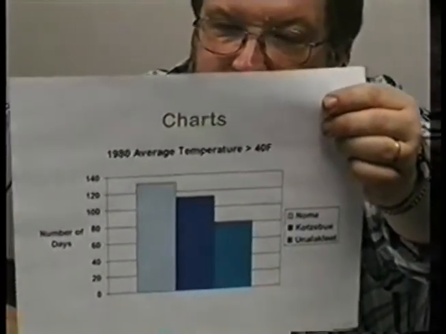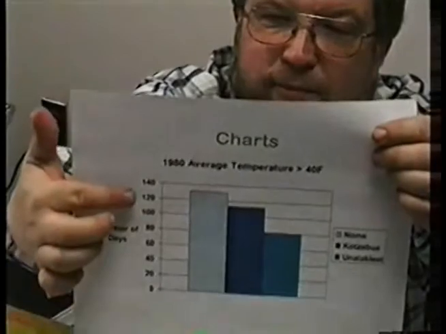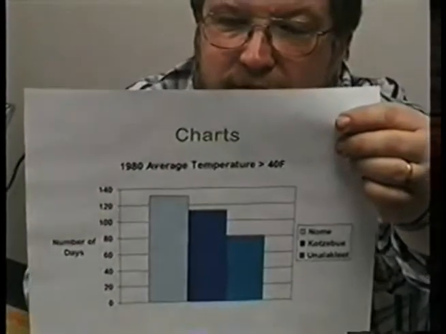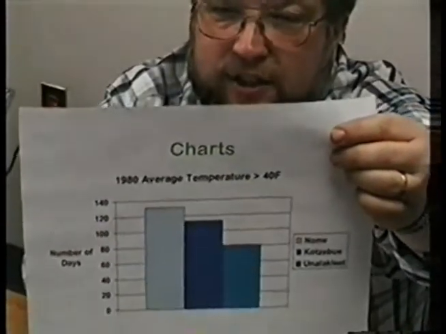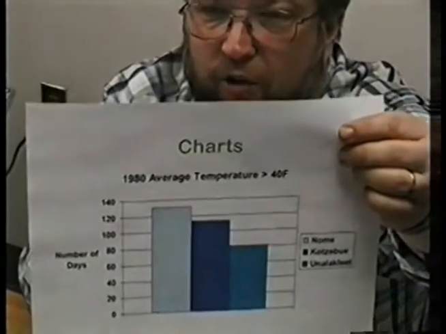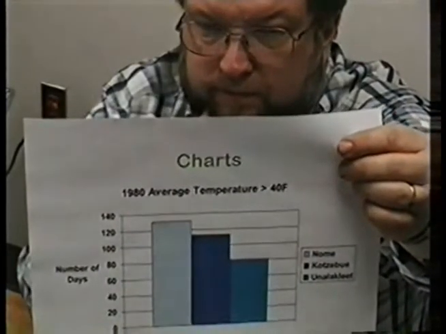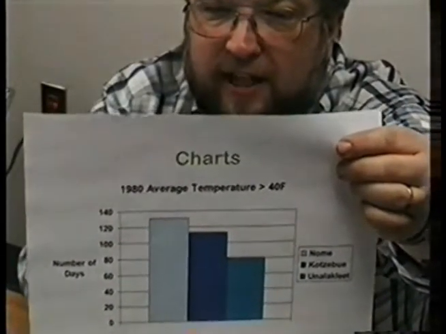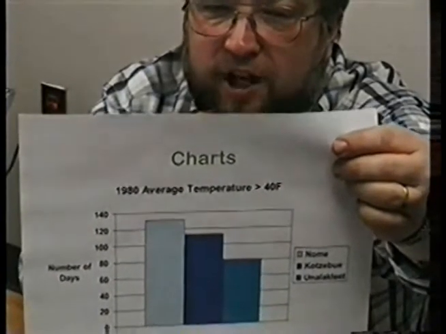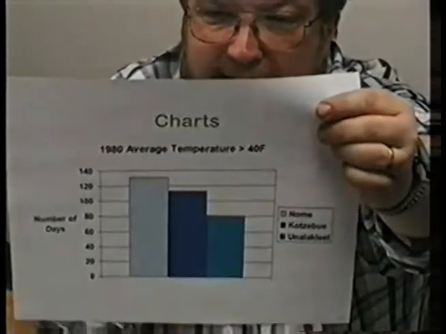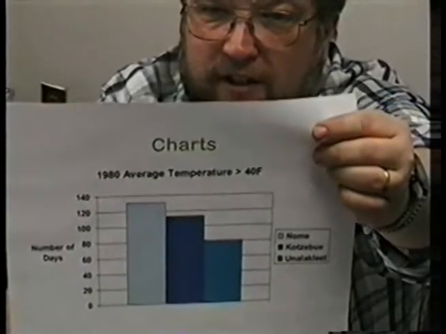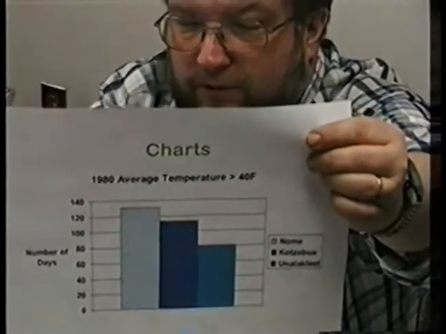Now there's markings on the side as to how many days, but it's not real specific. It's by every 20 days. So if you really had to know the number of actual days that Unalakleet had compared to Nome, you could maybe make an estimate from this graph, and that would be helpful.